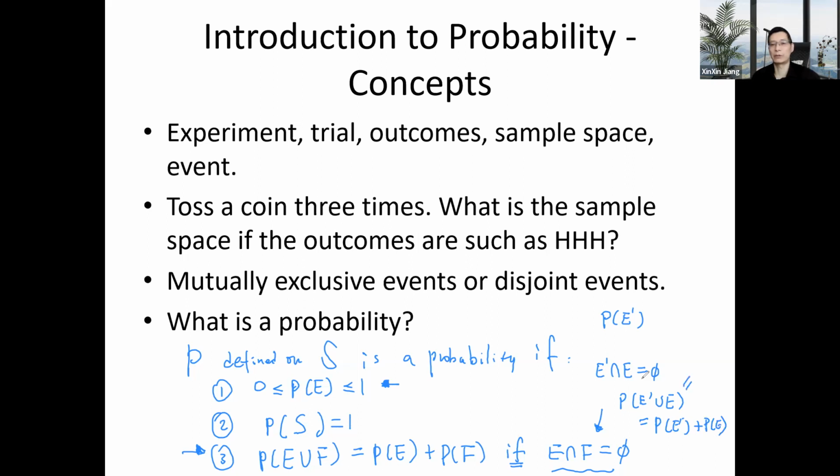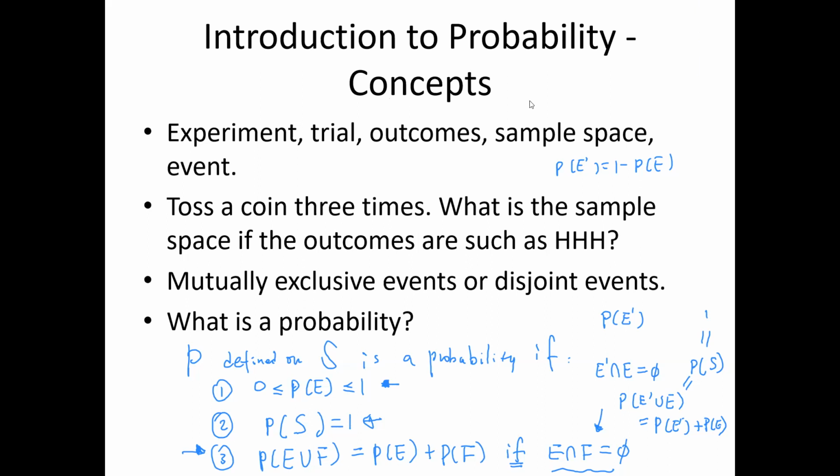But because the union of the complement and E itself is the total, the sample space, which is 1, now we know the probability of E complement equals 1 minus the probability of E. In order to get this complement rule, we would need this axiom. Okay, so far so good.